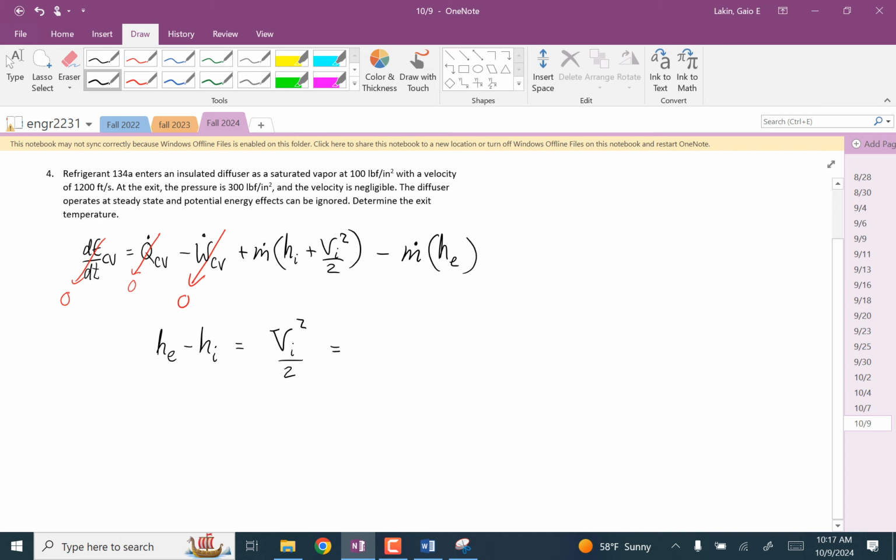And we're given a speed. We're going to have to convert all this stuff to SI units. What's the speed in meters per second? 365.76.